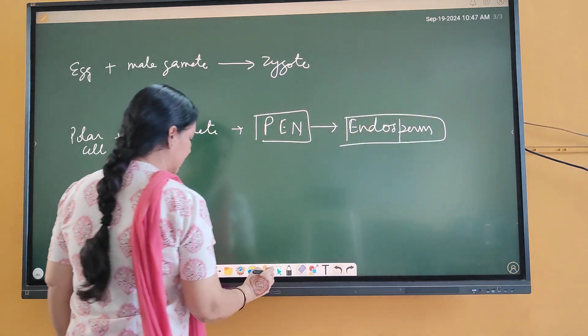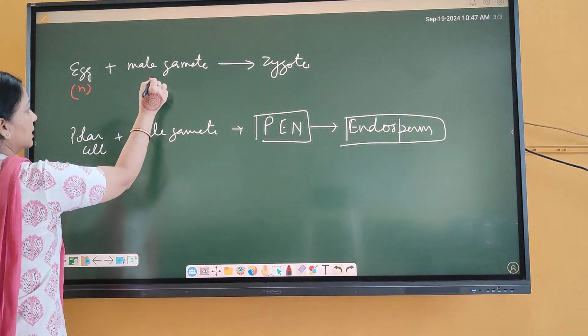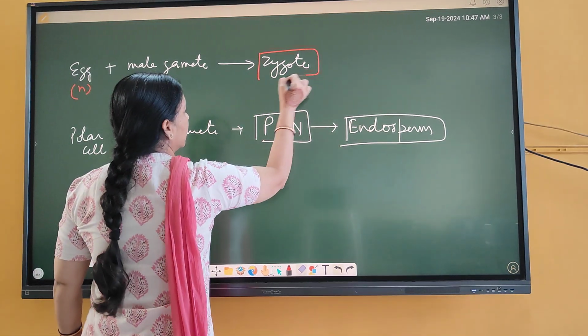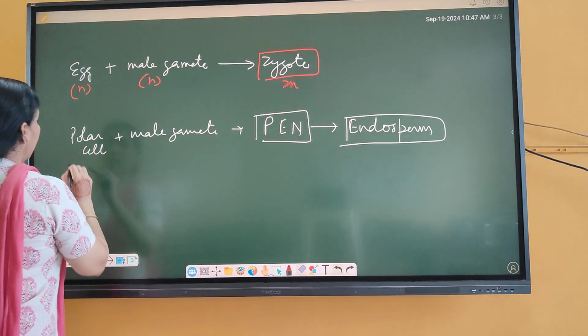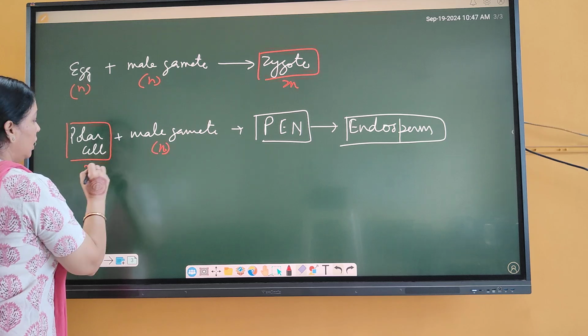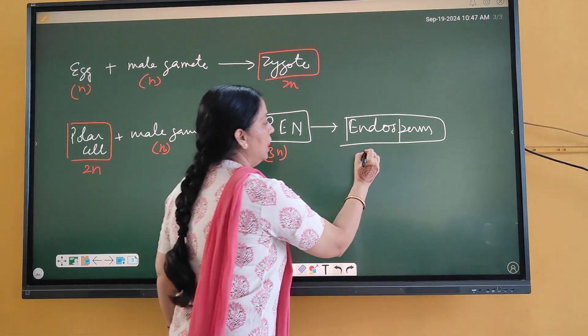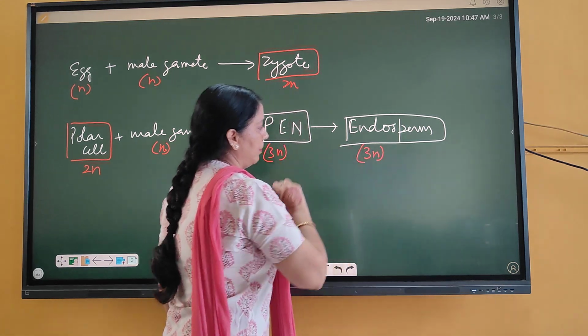So what is the change in the ploidy of these cells? This is haploid, and zygote is going to be diploid. Now these polar cells, this is diploid, this is haploid. So 2 plus 1, 3, and this tissue is going to be triploid tissue. So endosperm is also triploid tissue.